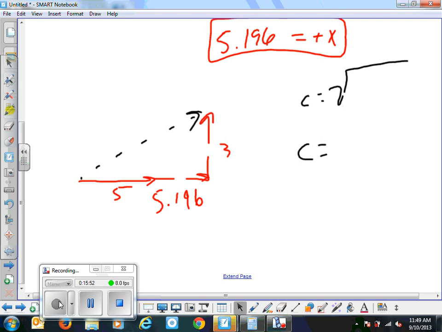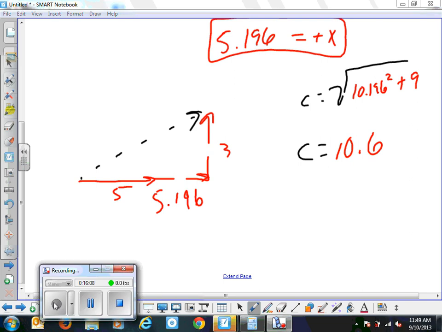So it's going to be 10.196 squared plus 9. And what is our hypotenuse then? 10.6. Do you agree on that, everybody? So now we know our actual resultant number is 10.6.